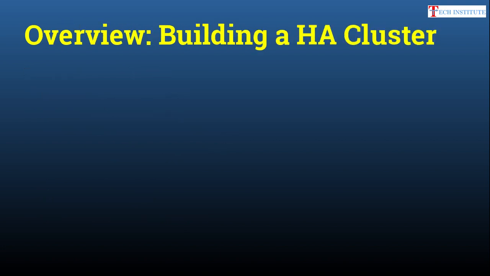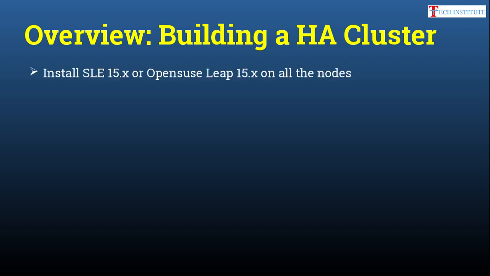Now, how you can build an HA cluster, this is an overview. We will see this again in detail with a lab so that you get a better picture. First, you have to install your OS. We will be using either SUSE 15.1 or 15.2, or openSUSE Leap 15.1 or 15.2 for all the nodes, and obviously you have to patch them with the latest updates.